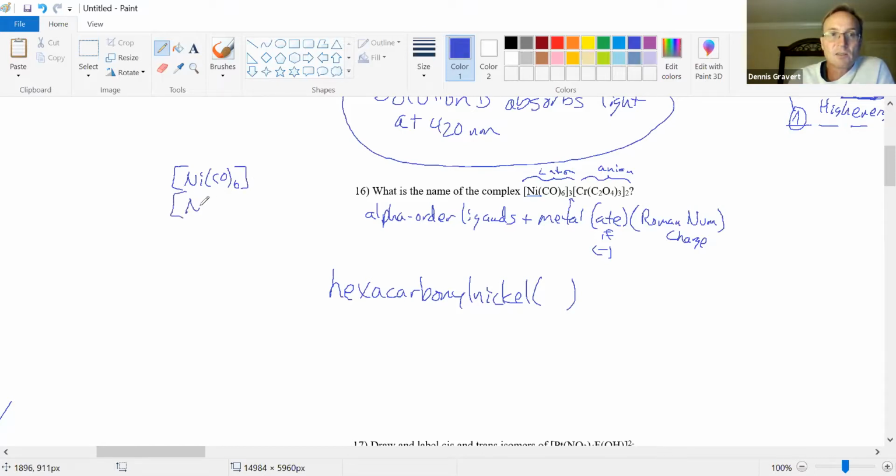So this subscript 3 right there says you have 3 nickel complexes. And then this subscript 2, you have 2 chromium complexes with the oxalate there.